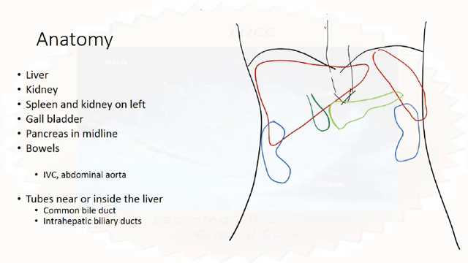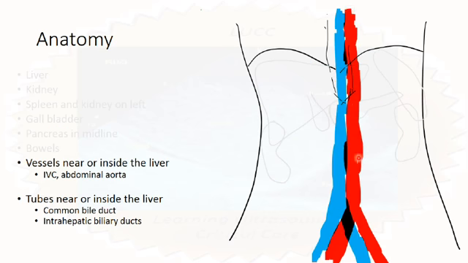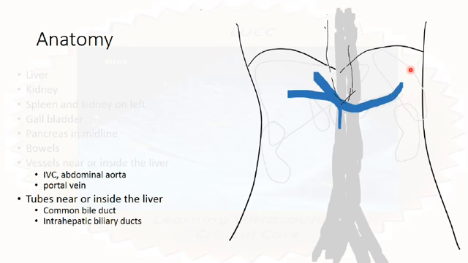Then you have the vessels, the big blood vessels. That's the abdominal aorta on the left of the midline and the IVC, or the inferior vena cava, on the right of the midline. Then you also have the portal system, and that starts from the splenic vein behind the pancreas and the superior mesenteric vein, and the two of them, behind the head of the pancreas, join to form the portal vein, and the portal vein goes to the liver, and it forms the left and the right branches of the portal vein.